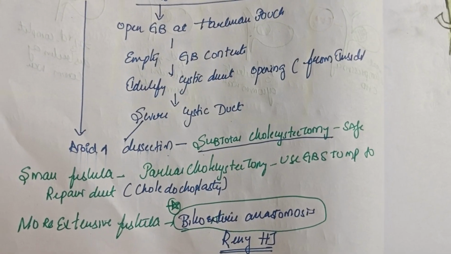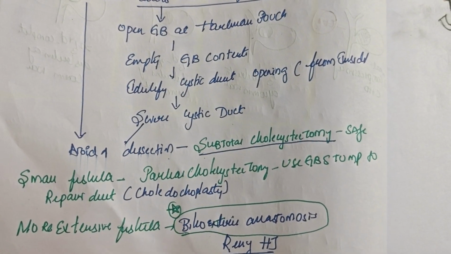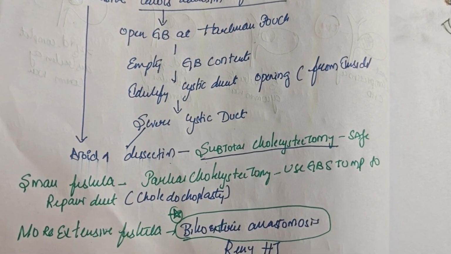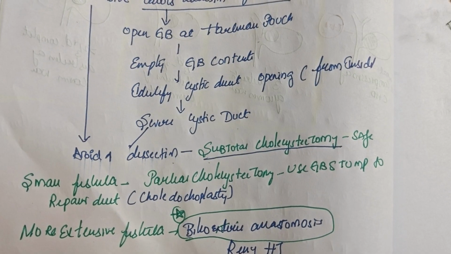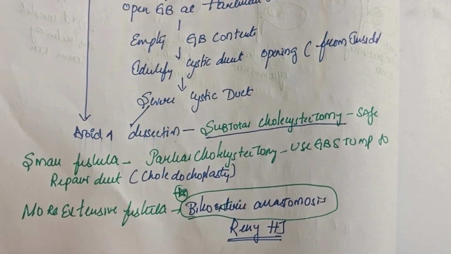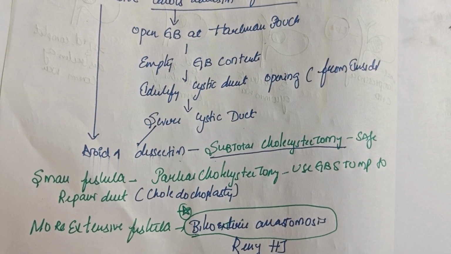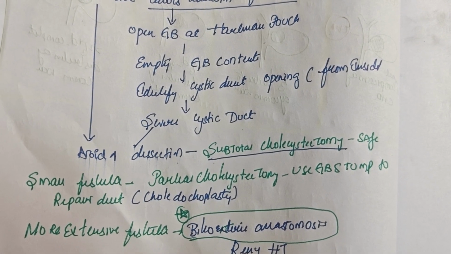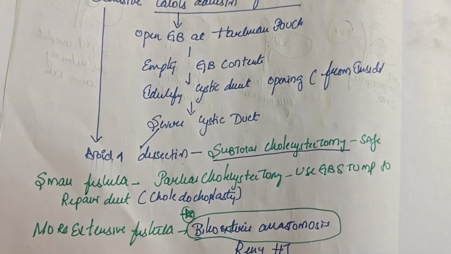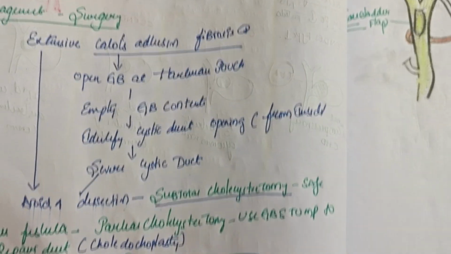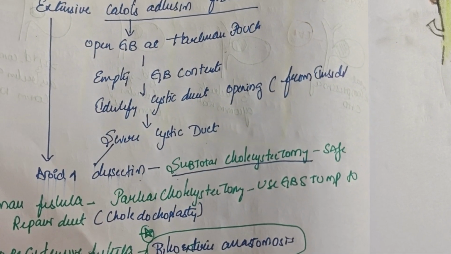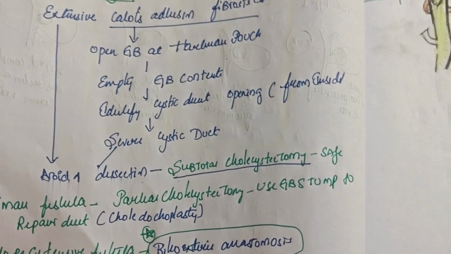For a small fistula, you do a flap connected to the common bile duct and repair it using the gallbladder stump. That is choledochoplasty. Subtotal cholecystectomy is safe, guys.